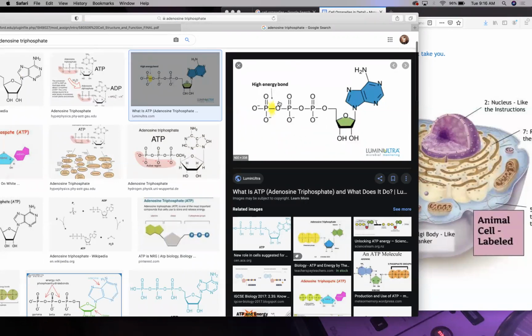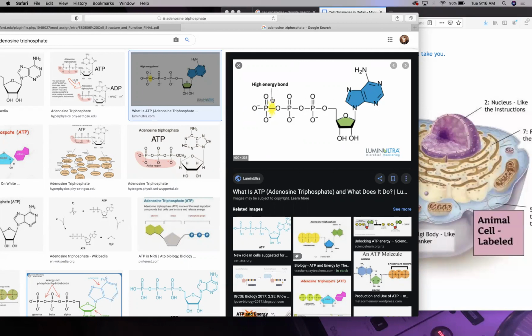Now, ATP is awesome because remember we talked about bonds, and bonds typically are in a low energy form. Well, phosphate bonds are not low energy. They are high energy bonds. So ATP is your metabolic fuel. It is derived from taking in oxygen and glucose, and it makes this thing.